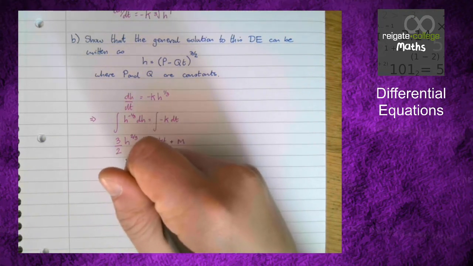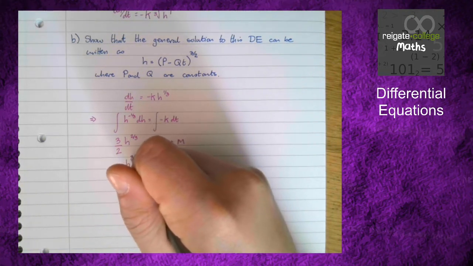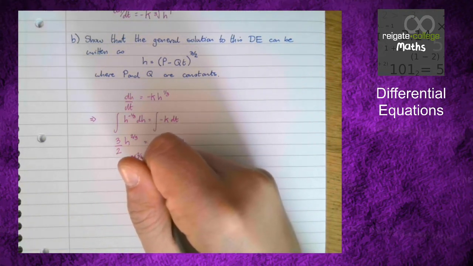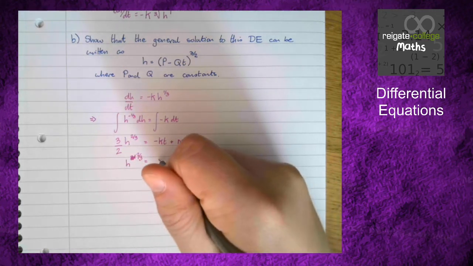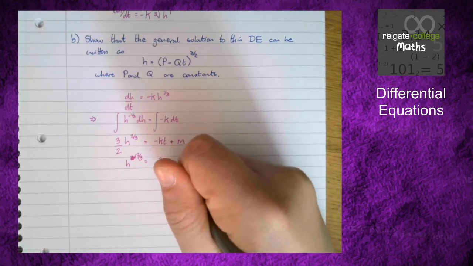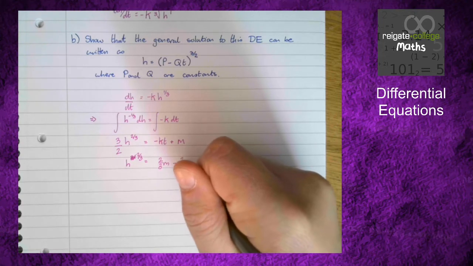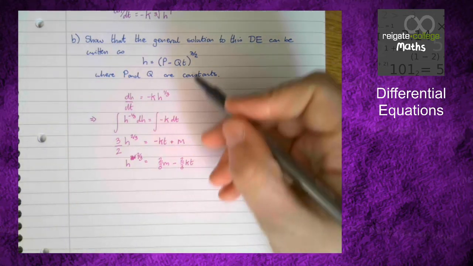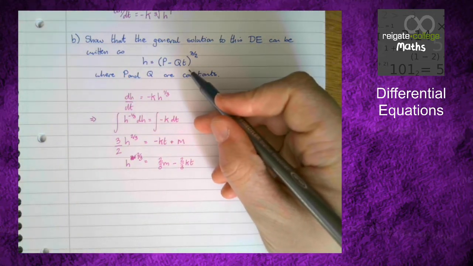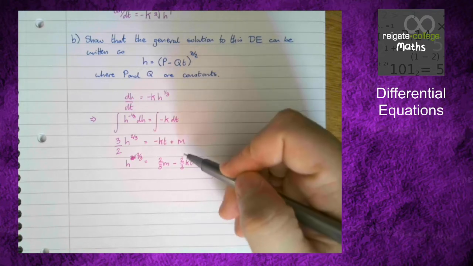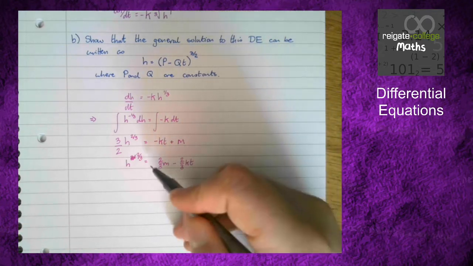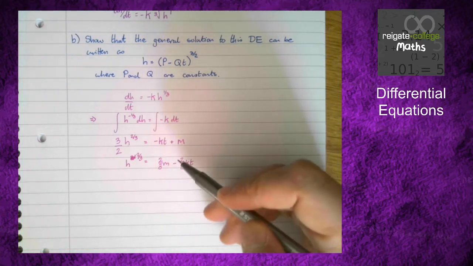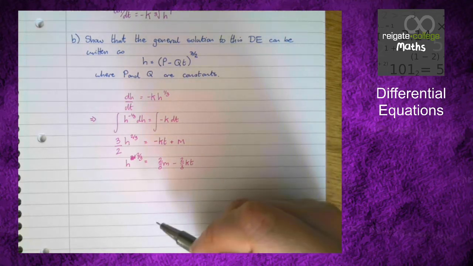So let's multiply through, because we're trying to get h on its own. So h to the 2 over 3 is 2/3 m minus 2/3 kt. So if you look at what we're trying to get to, we can see that this is pretty much the bracket, just the constants have different names.